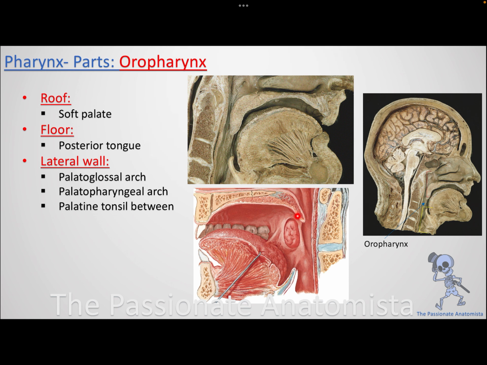We call them the palatoglossal and palatopharyngeal folds, and they are the mucosal lining above the muscles. So I have palatoglossus and palatopharyngeus muscles, and between them the palatine tonsil. This is the same concept as the nasopharynx. There we have salpingo, here we have palato, and there we have the tubal tonsil, and here we have the palatine tonsil. This is how you will remember the lateral wall of both of them.